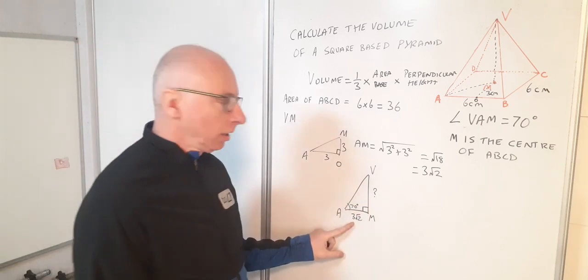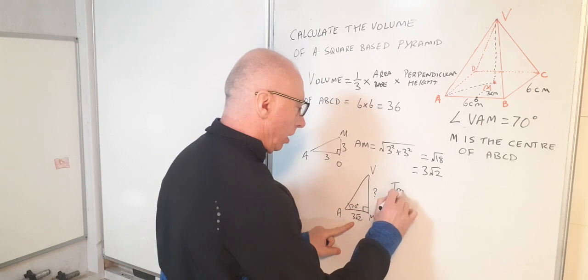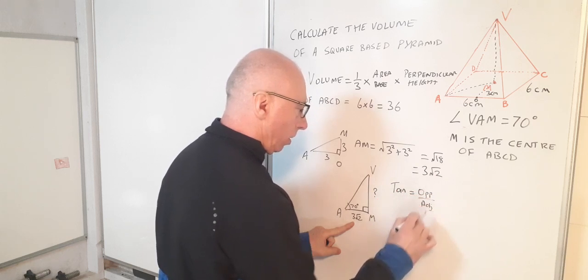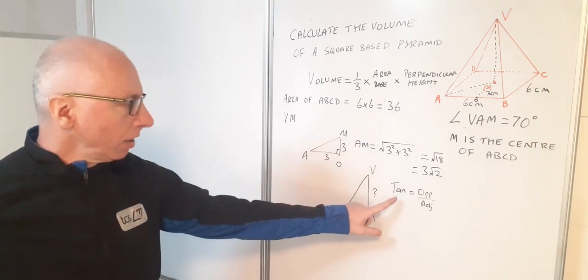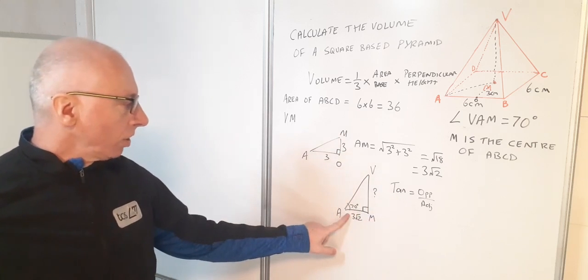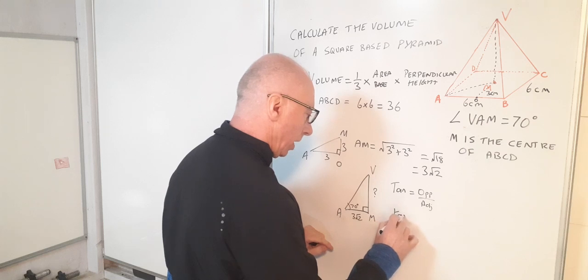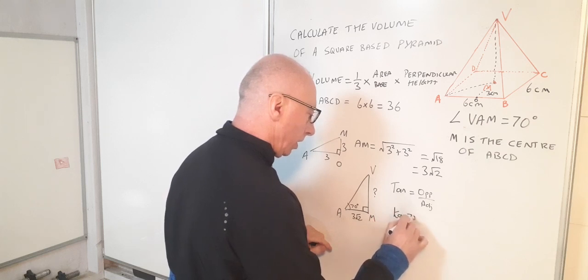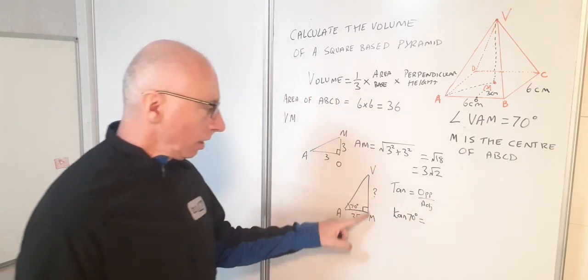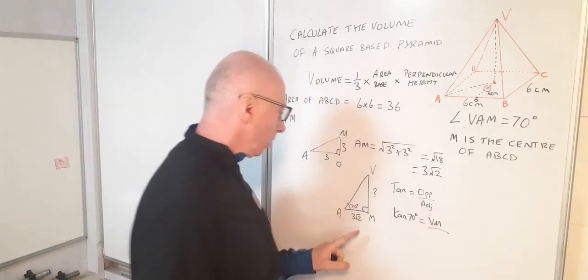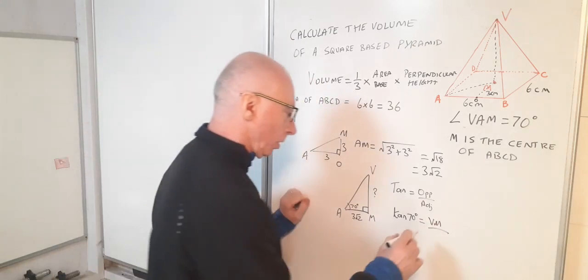SOHCAHTOA, so tangent equals opposite over adjacent. That's a recap of the last 3 letters. So tan 70 degrees equals the opposite, which is VM, over the adjacent side, which is 3 root 2.